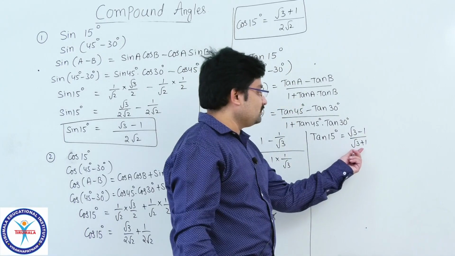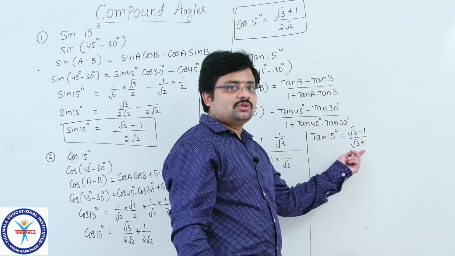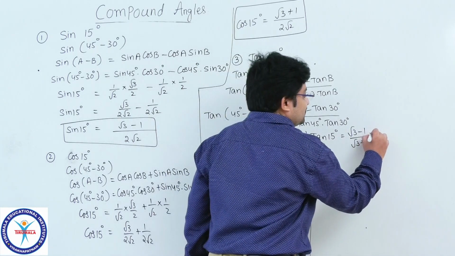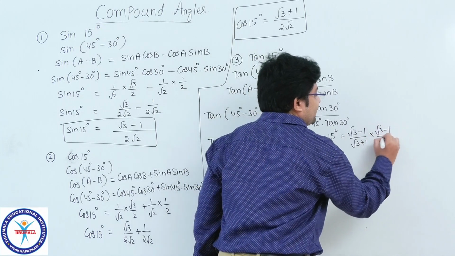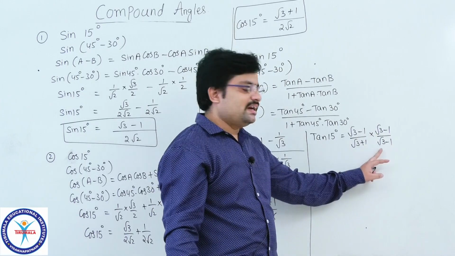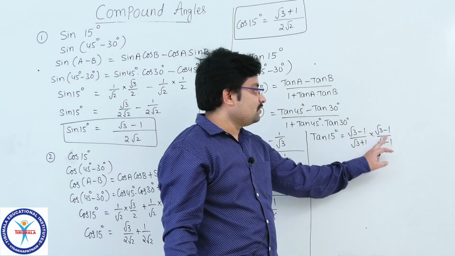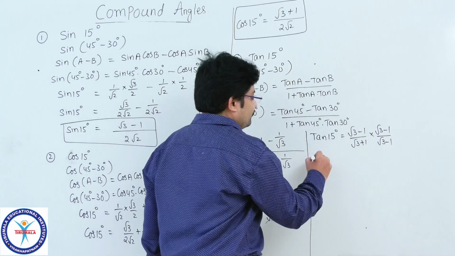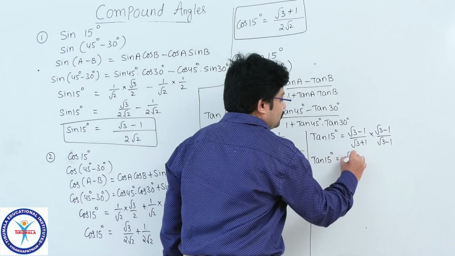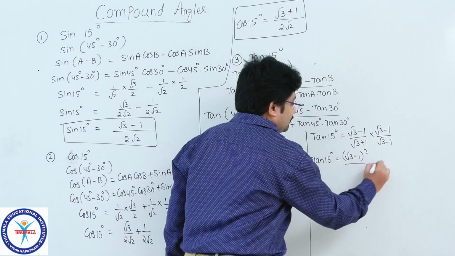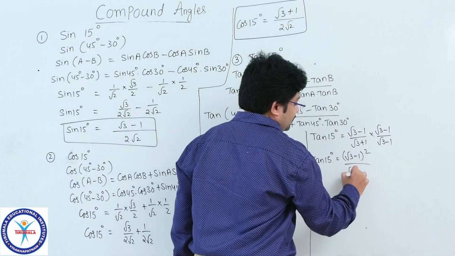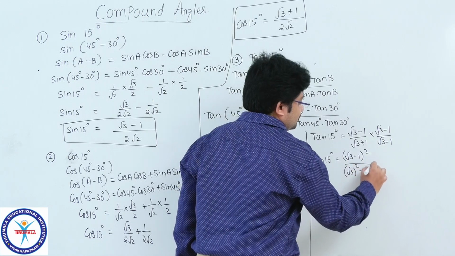The denominator root 3 is an irrational number, so we need to do rationalization. The rationalizing factor is root 3 minus 1. That is, multiply and divide this fraction by root 3 minus 1. Therefore, tan 15 degrees is equal to (root 3 minus 1) whole square by (a+b) into (a-b), a square minus b square.